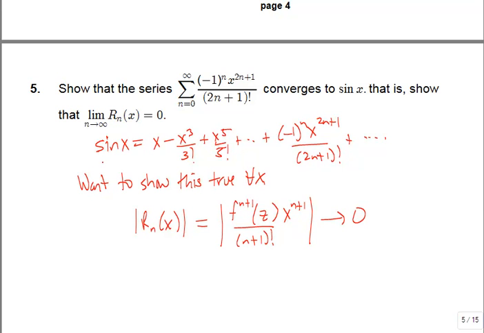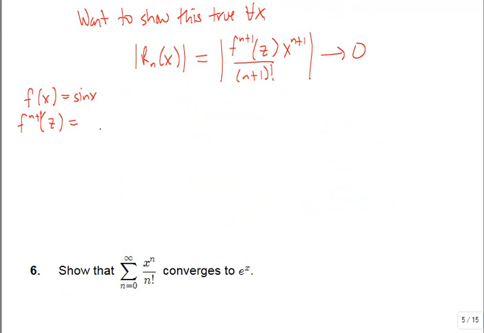If you think about the sine function, if f of x is equal to sine of x, then what is the nth plus 1 derivative at any value z going to possibly be? Well, the only derivatives of sine are either positive sine, negative sine, positive cosine, or negative cosine, depending on what type of derivative you're looking at, the first, the second, the third, the fourth, or whatever.